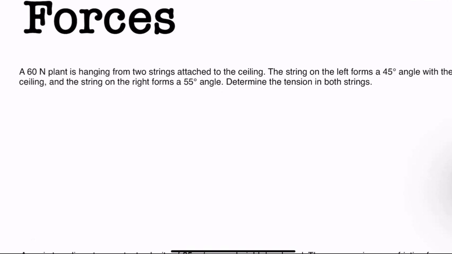So we're going to start off with this problem right here, which says a 60 Newton plant is hanging from two strings attached to the ceiling. The string on the left forms a 45-degree angle with the ceiling, and the string on the right forms a 55-degree angle. Therefore, we're going to be drawing our plant right here.